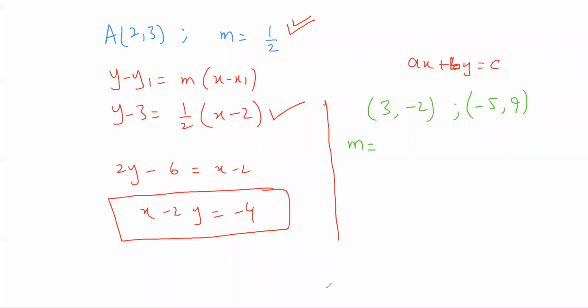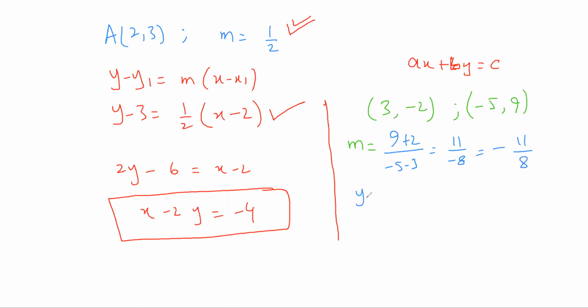If you have 2 skills, guys, one is writing the equation of the line, and second, solving equations simultaneously, you can really be good at your A-level maths. The gradient is y2 minus y1 over x2 minus x1. So this is 11 over minus 8, or you can write this as minus 11 over 8.